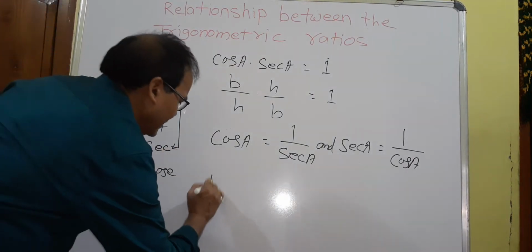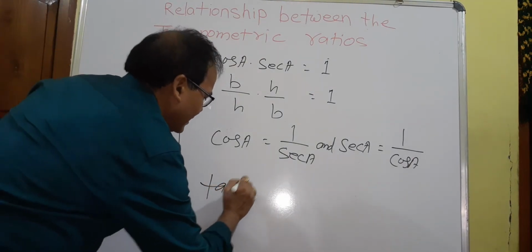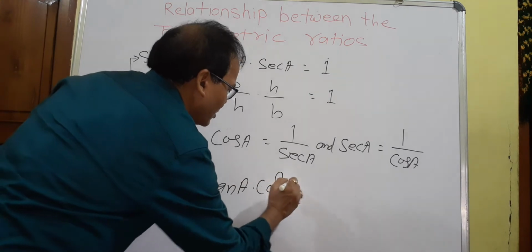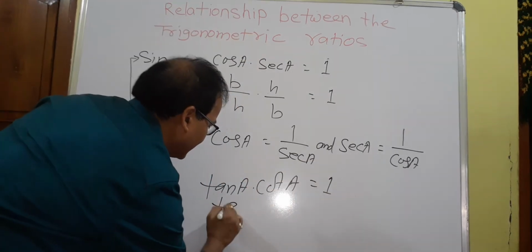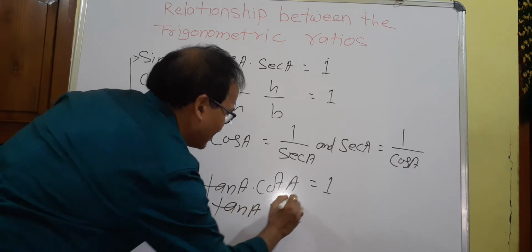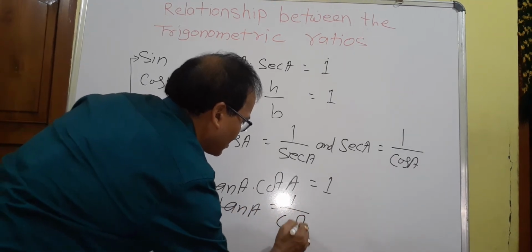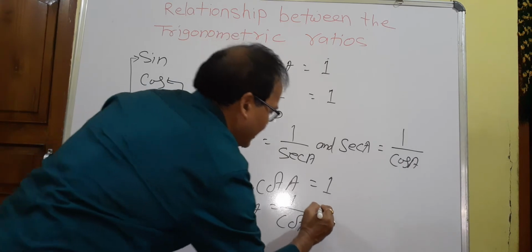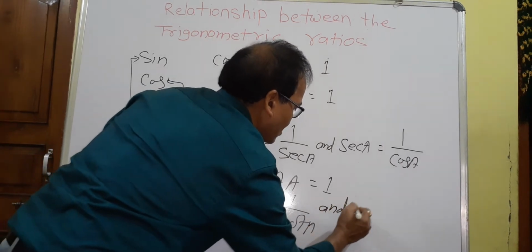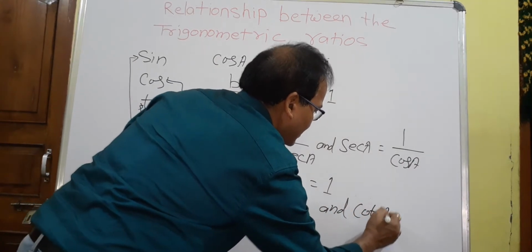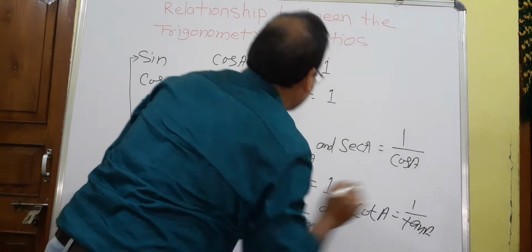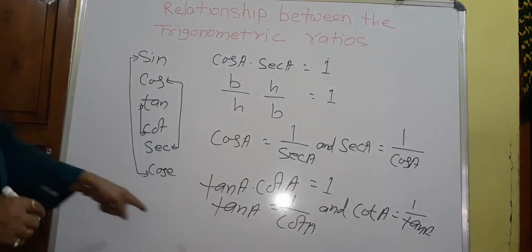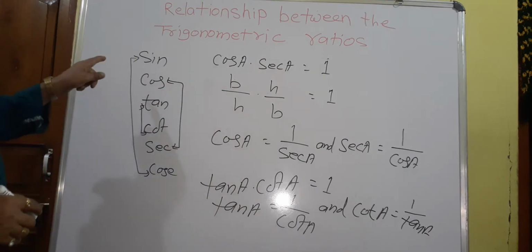Similarly, tan A into cot A is equal to 1. Or we can say tan A is equal to 1 by cot A and cot A is equal to 1 by tan A. This ratio formula is very important.